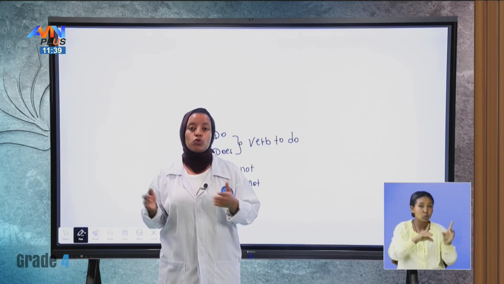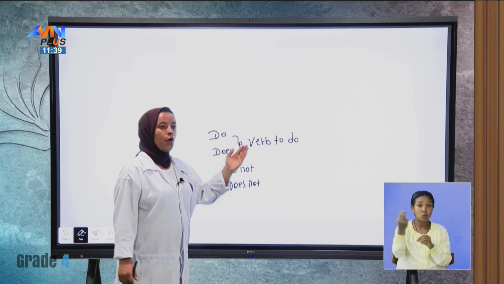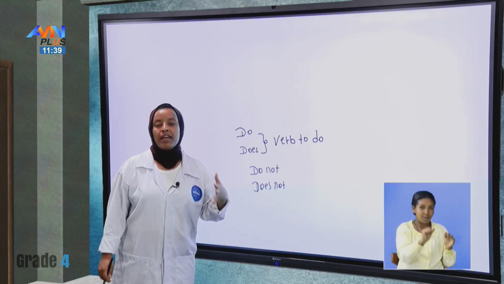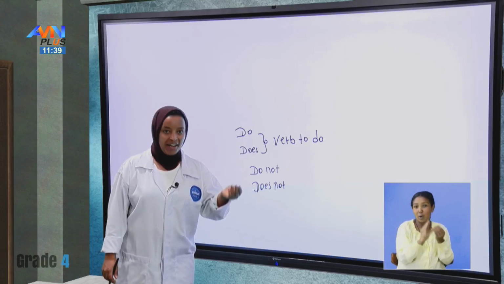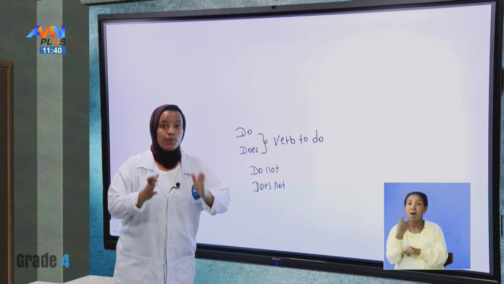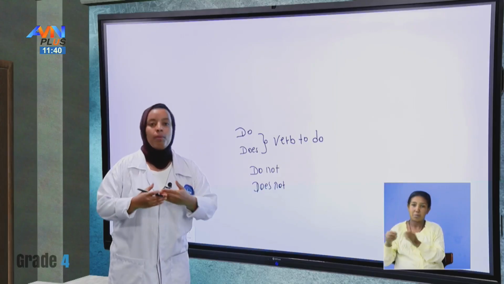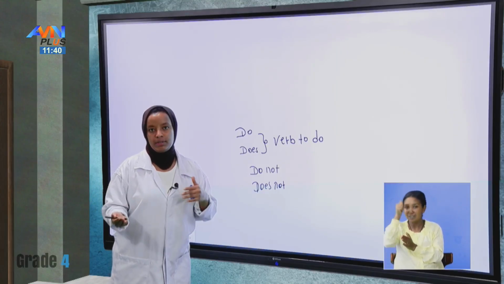We use do for plural subjects like they, we, and you. And also for the special case, I. And does is the same for question and negative form. For example, he, she, it.